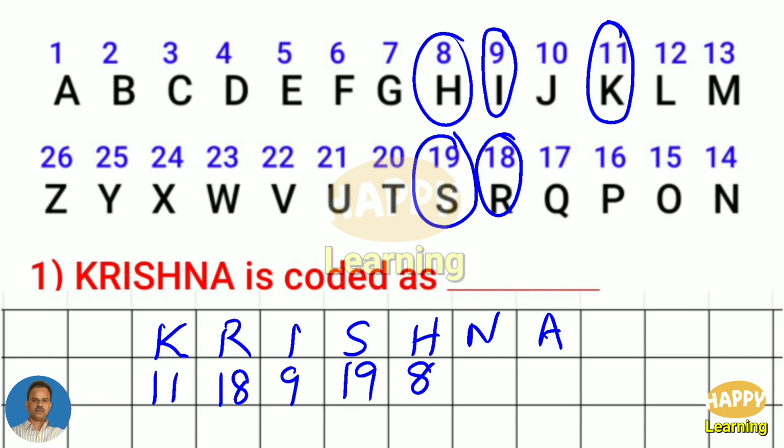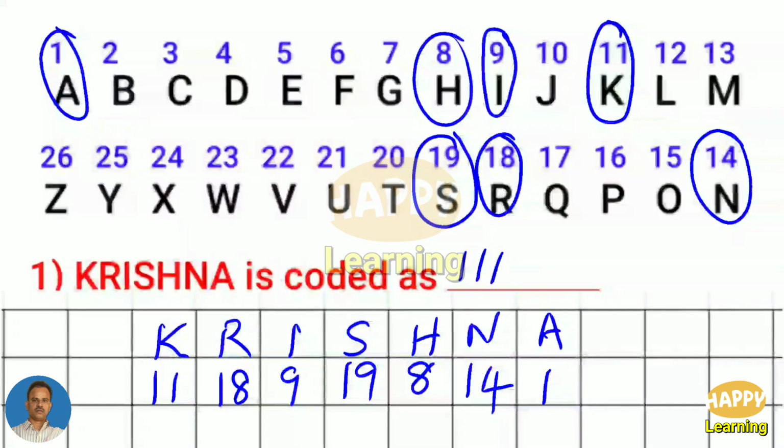N is coded as 14. So write 14 here. A is coded as 1. So write 1 here. So the code for Krishna will be 111991981141. So this is the code for Krishna.